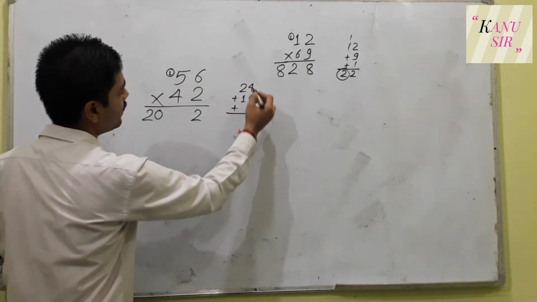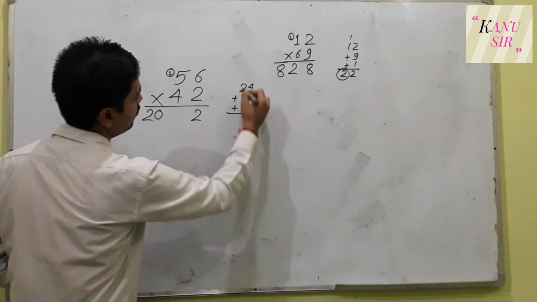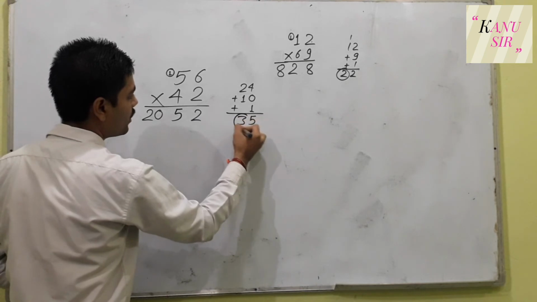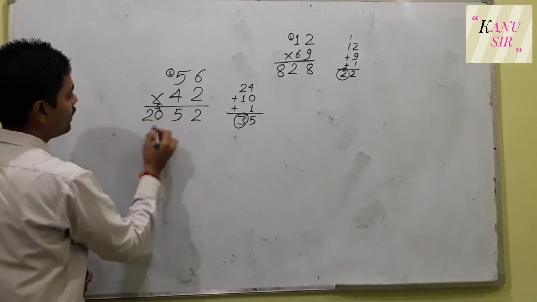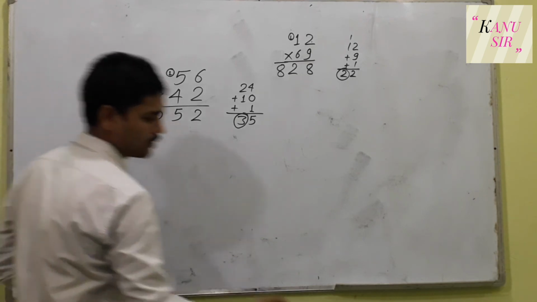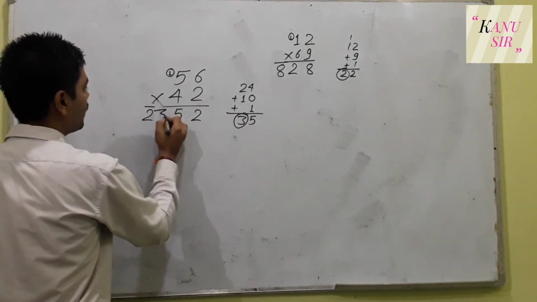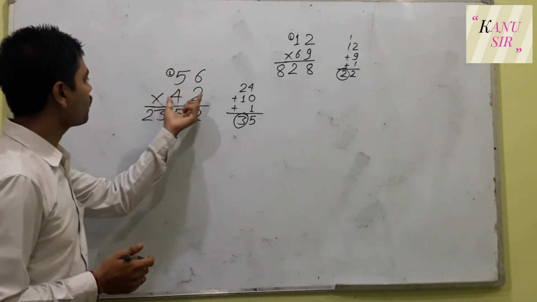So what will you get here? 24 plus 10 is 34, plus 1, 35. Now 3 is the extra number left, then it comes here, 20 plus 3, 23. So you write here 2, 3, 5, 2.